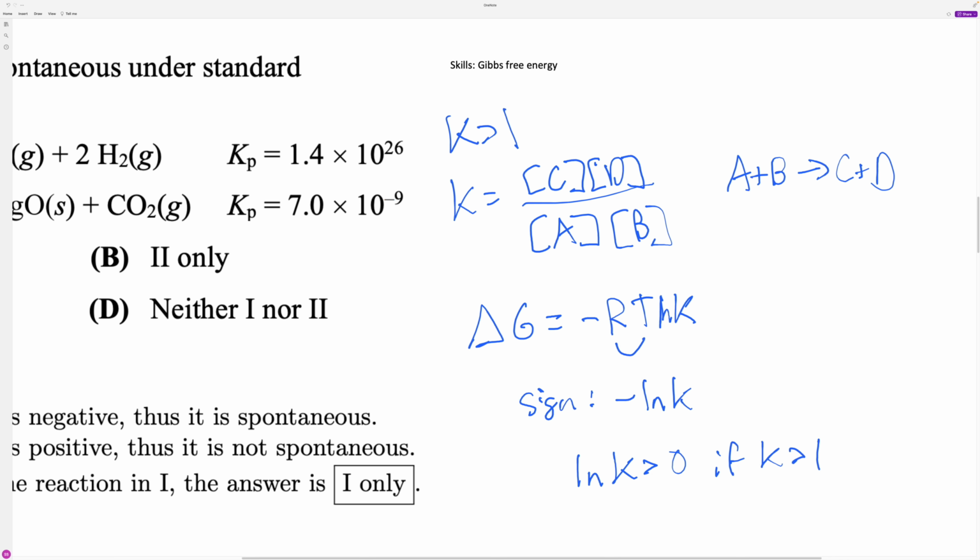So when K is greater than 1, ln K is going to be positive, but this negative sign here is going to make the sign of delta G negative. And if you remember that a delta G being negative means that a reaction is spontaneous, if K is greater than 1, the reaction is going to be spontaneous.